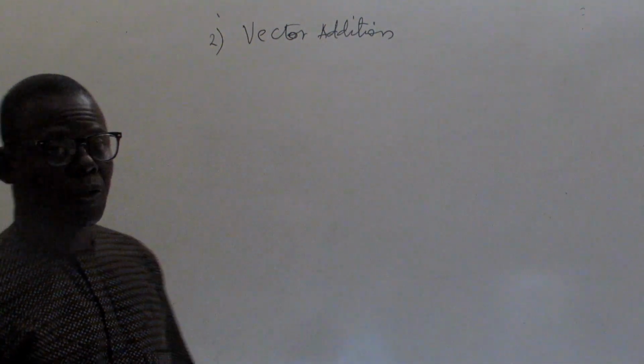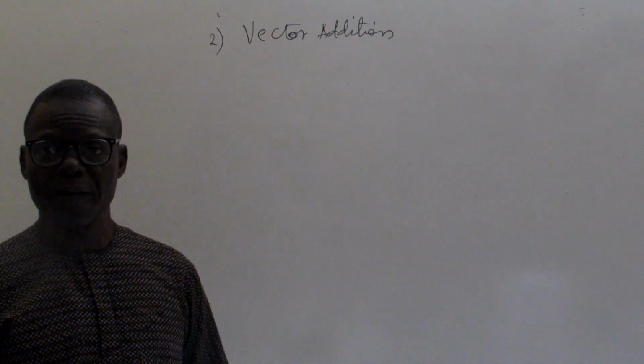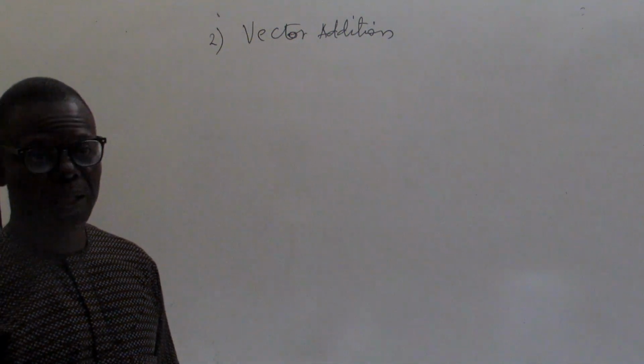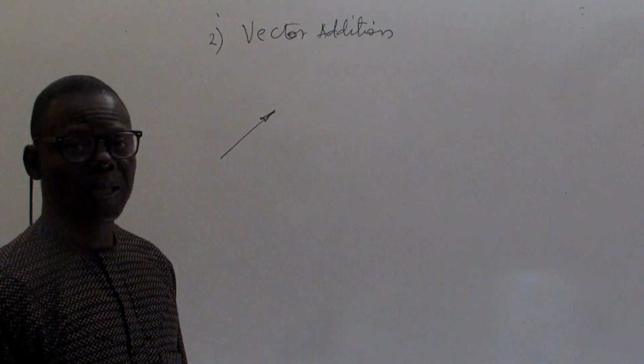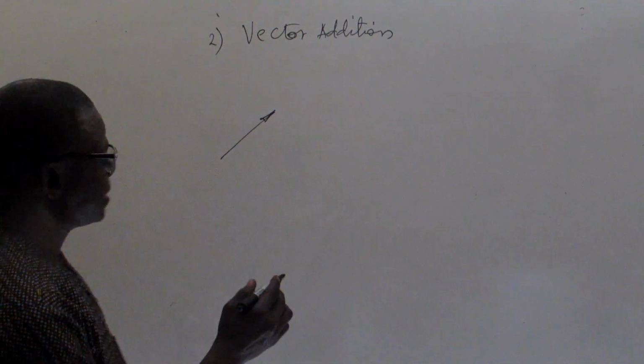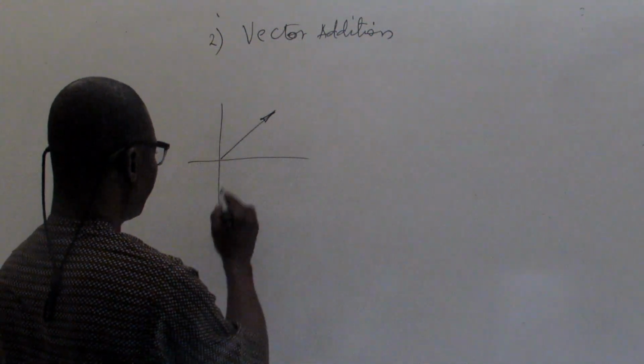Vector addition. Normally, vectors are represented graphically by arrowheads. The length of the arrow represents the magnitude, whereas its direction is measured from a reference point.